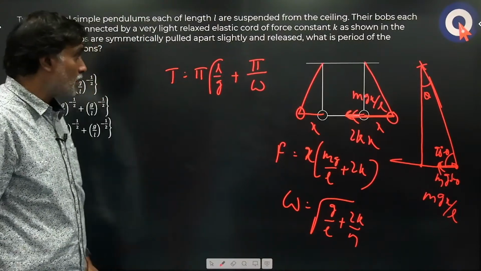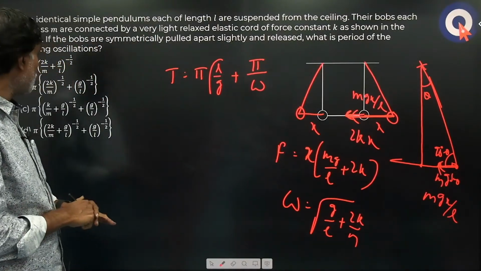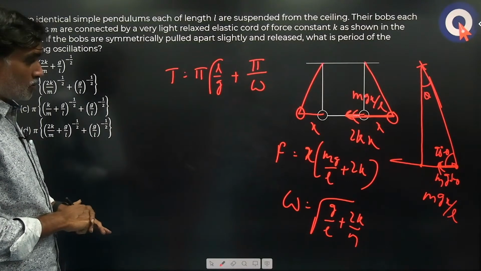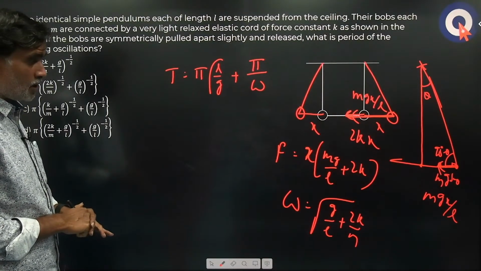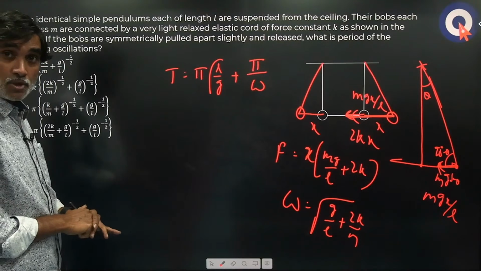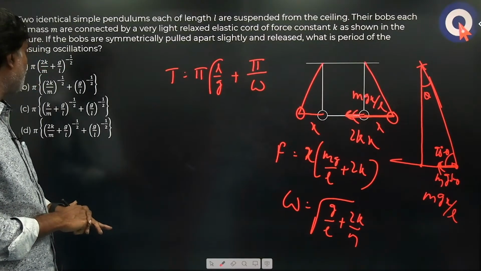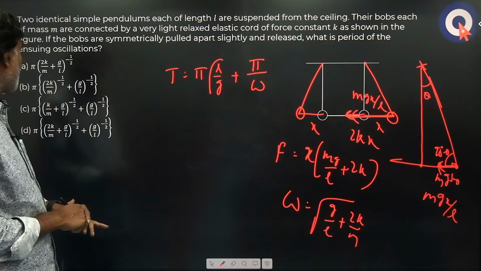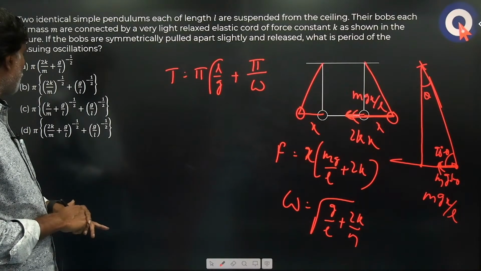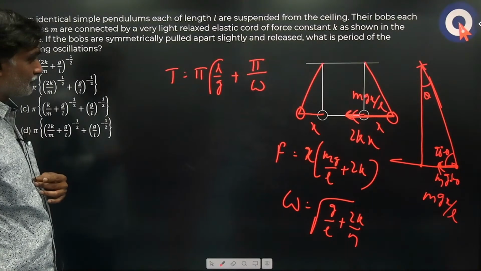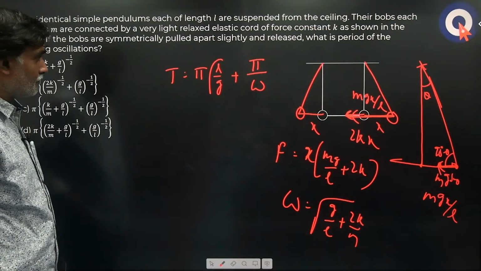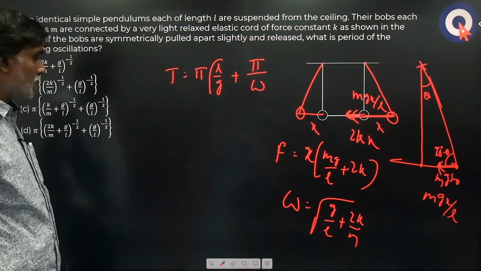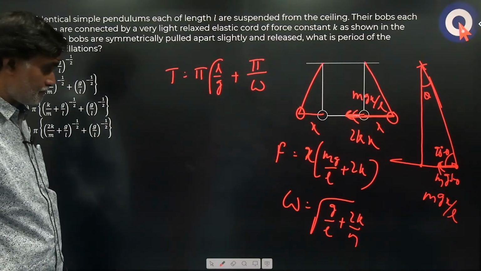So if I take pi common, it is root L by g plus 1 by omega. 1 by omega is nothing but root of g by L plus 2k by m whole to the power of minus half, plus root g by L. So you can choose the choice.